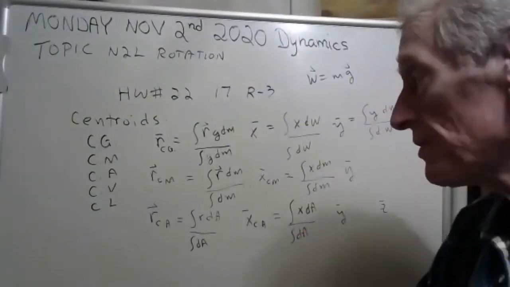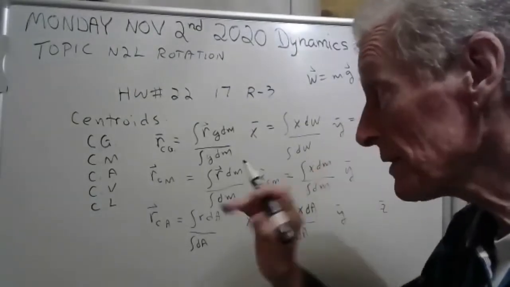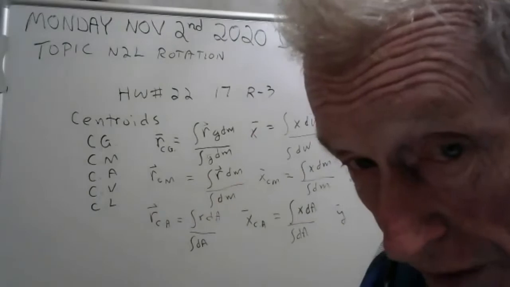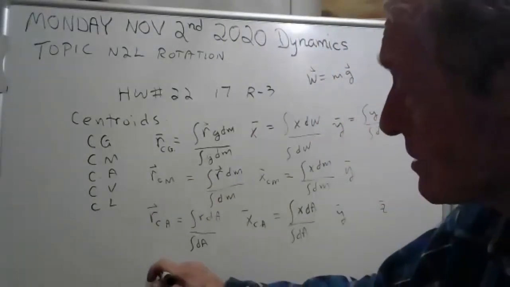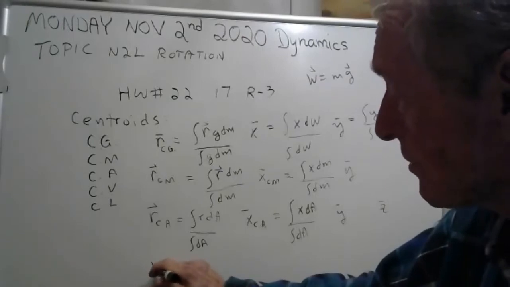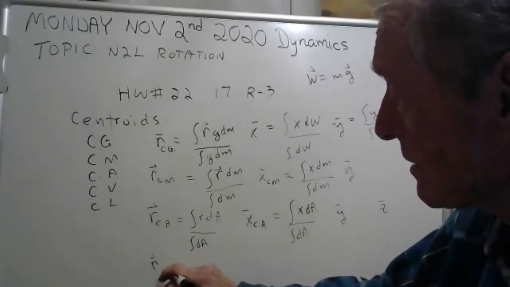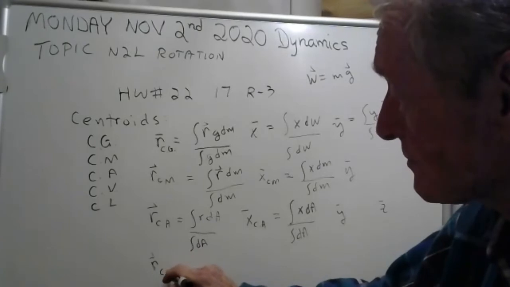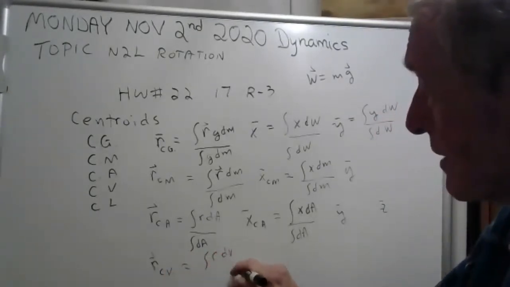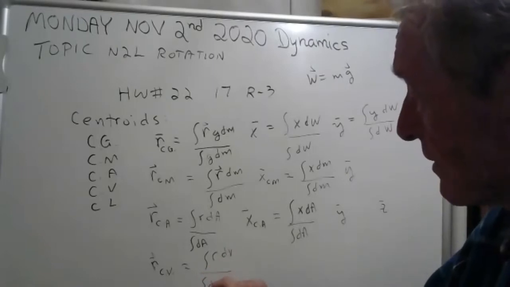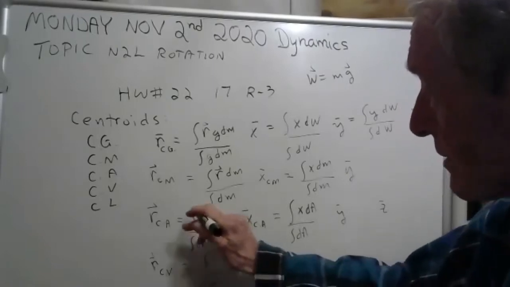There's also a centroid of volume. I'm getting kind of bored of this and we need to move on. But you need to know that there's really 5 of those. See, the centroid of volume, the way it goes is R dV over dV, and this is really a vector. I forgot my vector sign there.